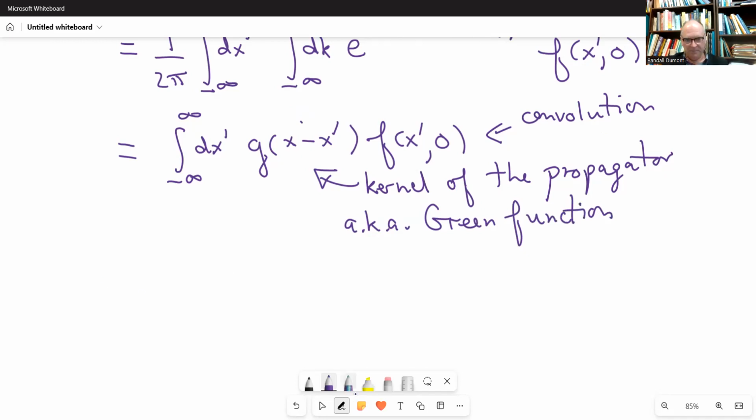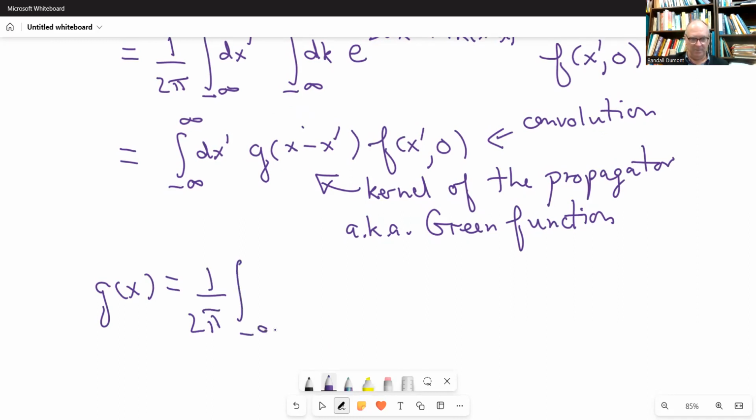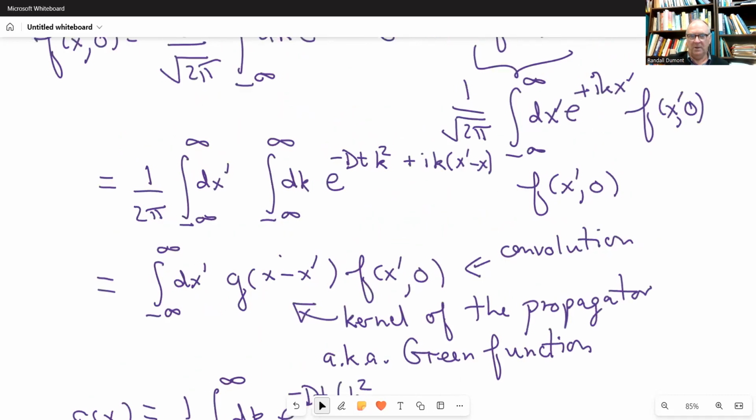So what is G? G of x is equal to 1 over 2 pi integral over k of e to the minus d t k squared. Okay, back at the equation.